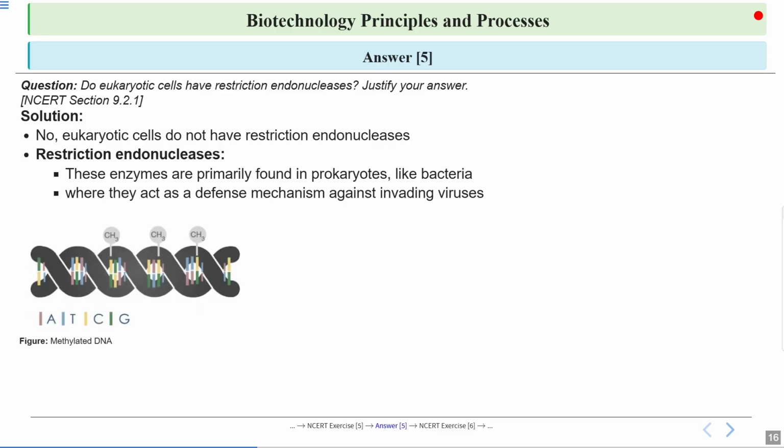So here you can see one of the ways to protect the DNA, that is the methylation process, right? They have methylation. So this is one of the ways. Let us see the answer.